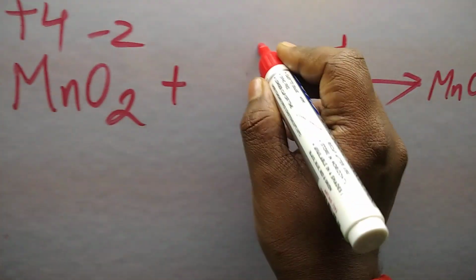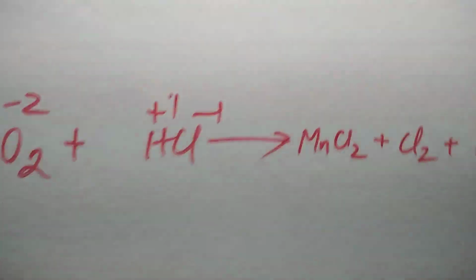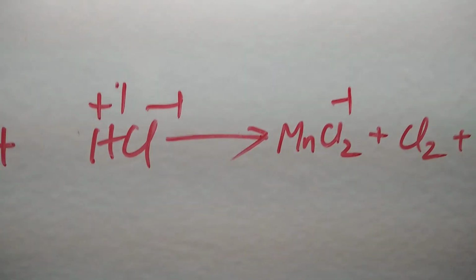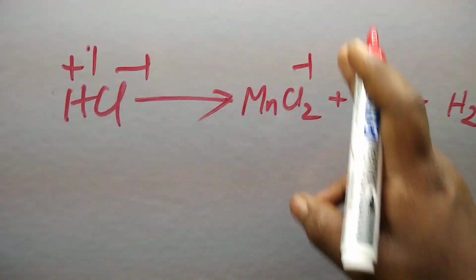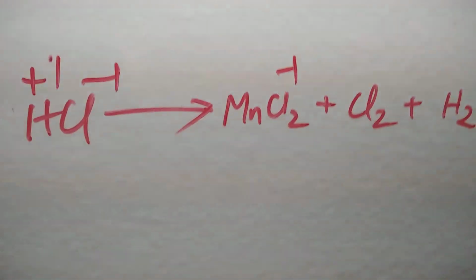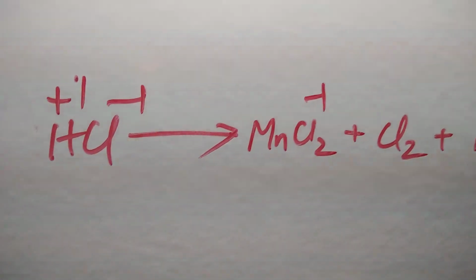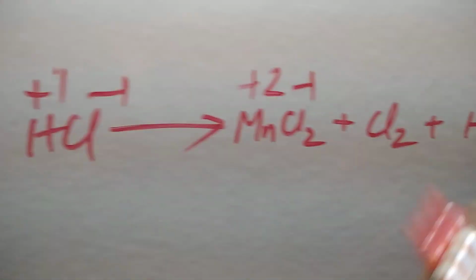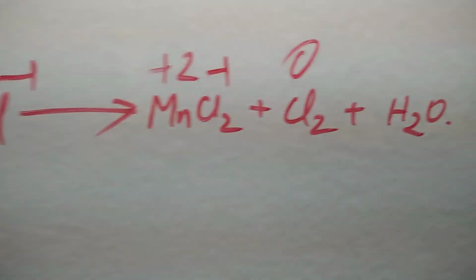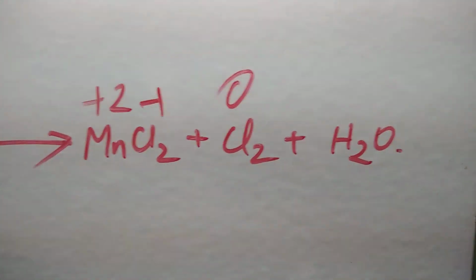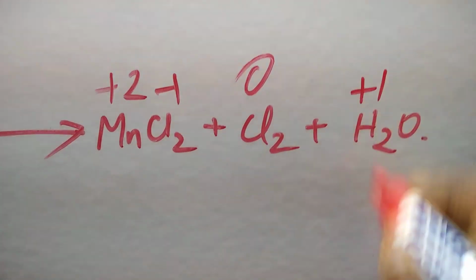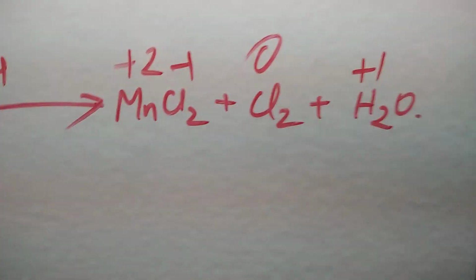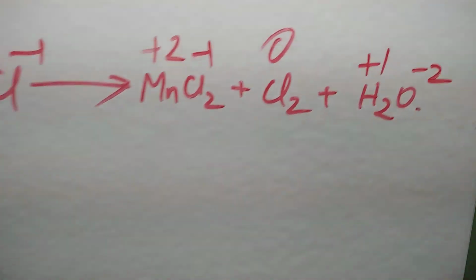HCl, minus 1, plus 1. Here MnCl2. Quickly say, for chlorine minus 1, that means minus 1 into 2, what? Minus 2. And to make it 0, we need plus 2. Here chlorine alone, so it will be 0. For hydrogen, we know plus 1. Plus 1 into 2, plus 2, and to make it 0, we need minus 2. So oxygen is minus 2.